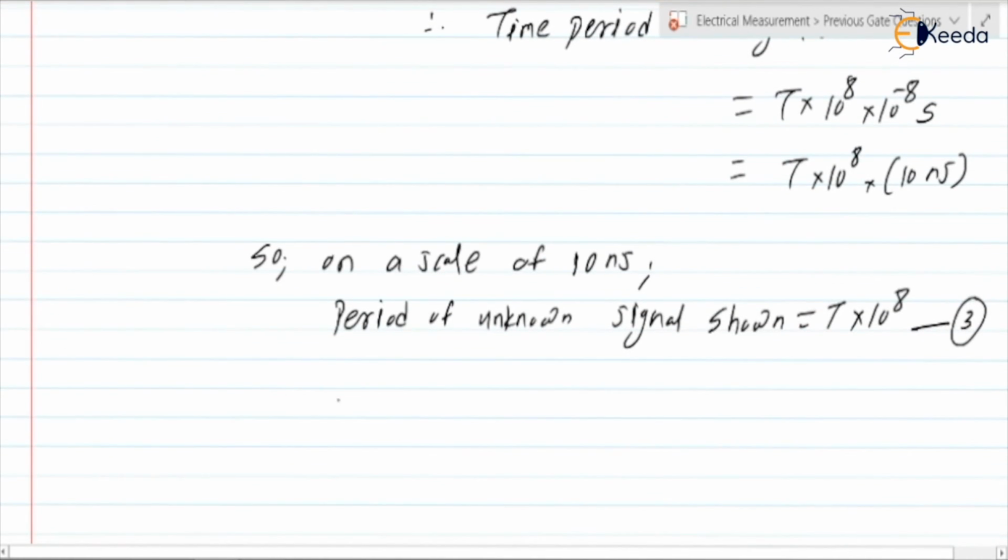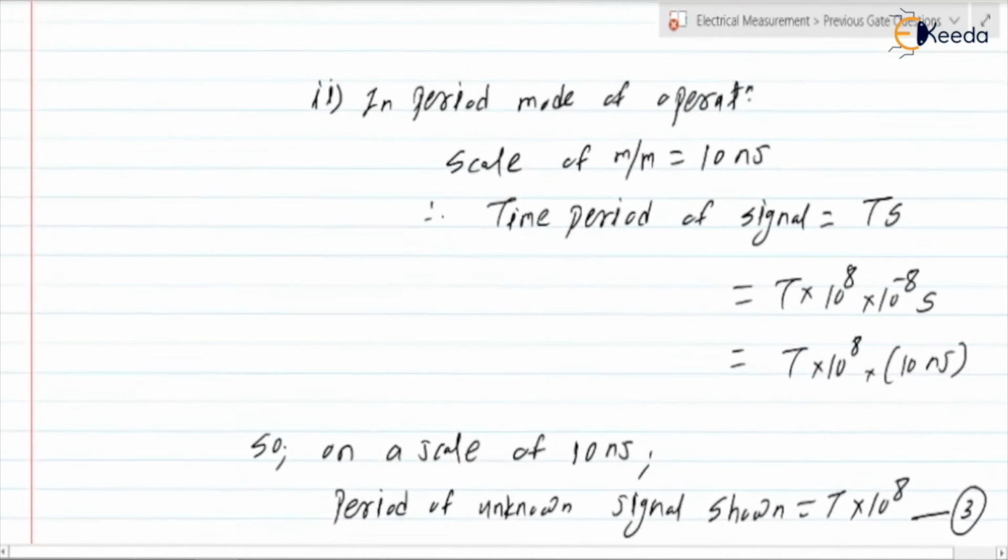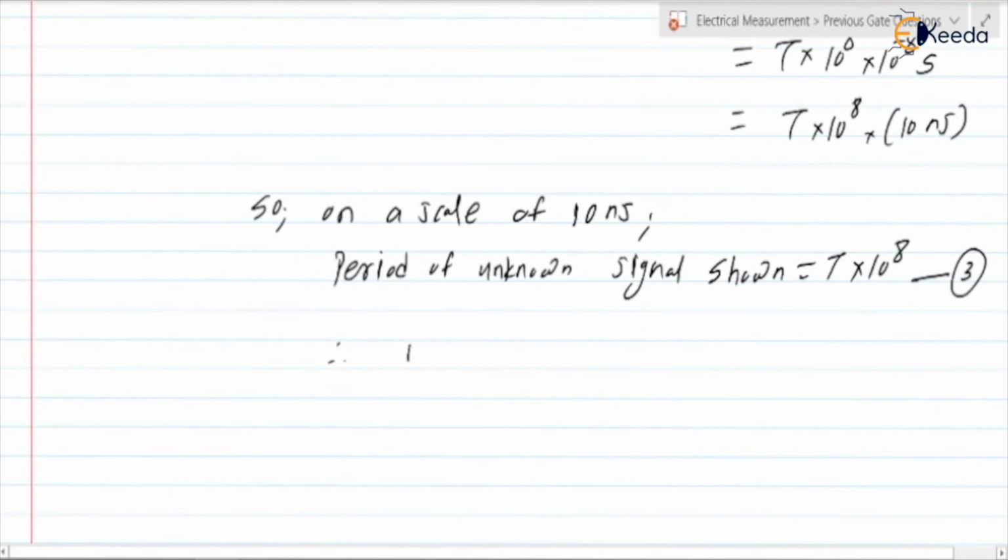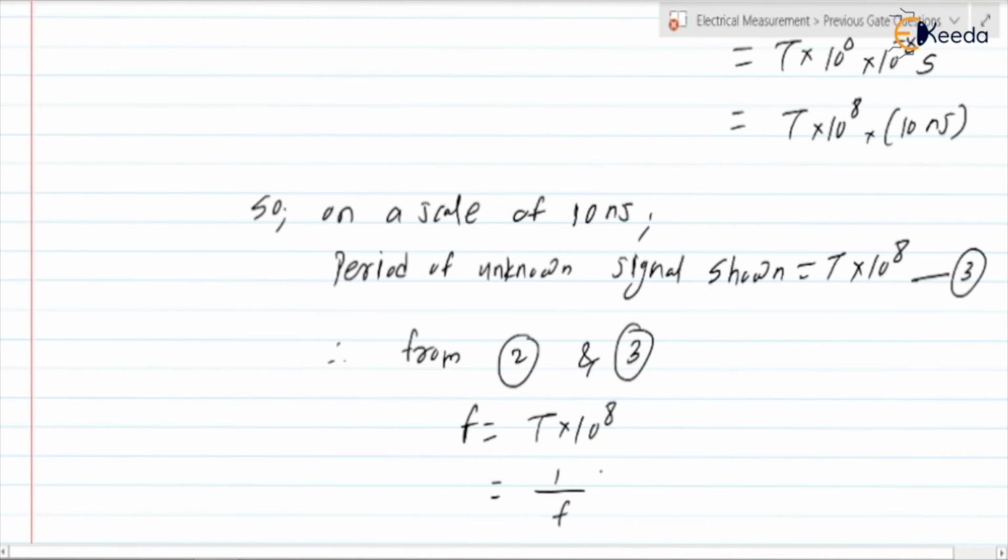So if you check from second and third, we can write f is equal to t into 10 to the power 8. Therefore f is equal to 1 by f into 10 to the power 8.